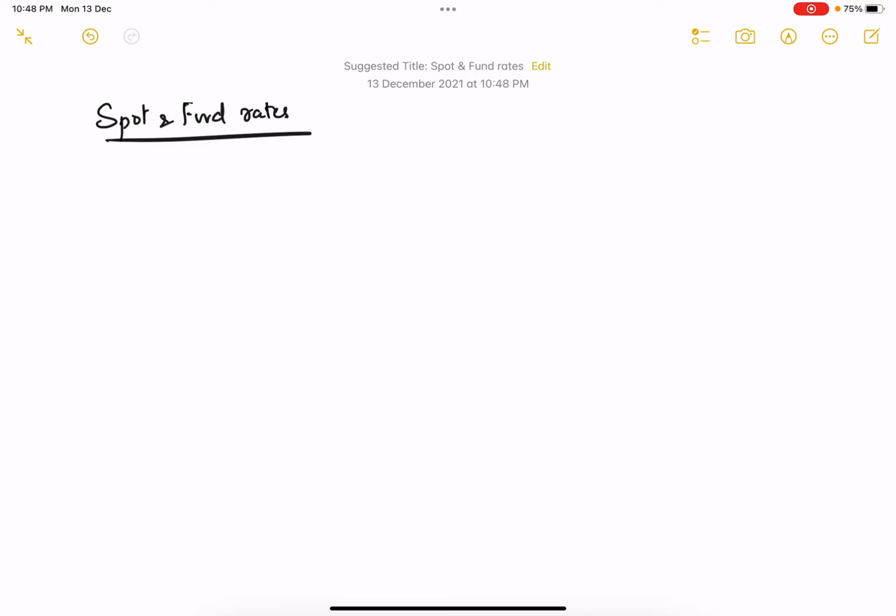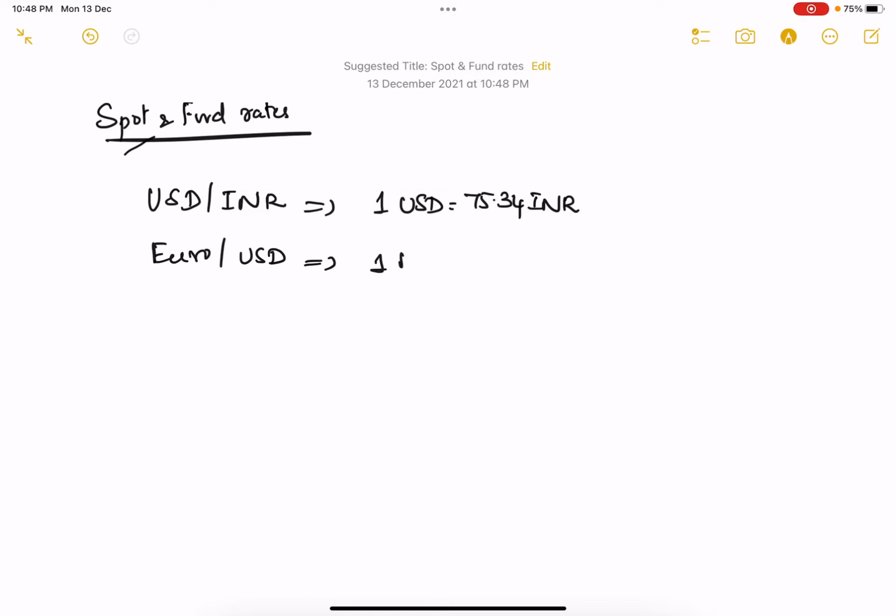So we already discussed that in forex markets, all rates quoted are generally spot rates. USD against INR is quoted as which is today's rate, and Euro against USD is quoted as 1 Euro is 1.13 USD.